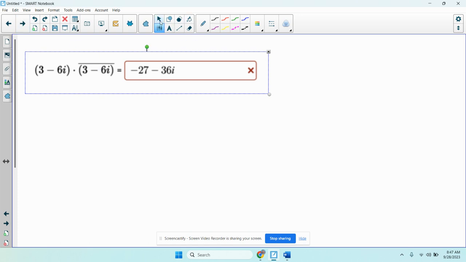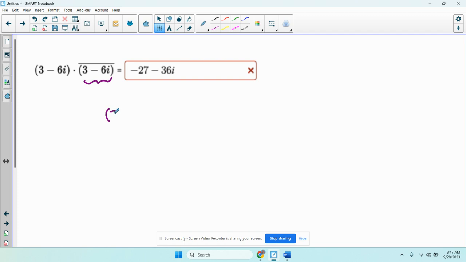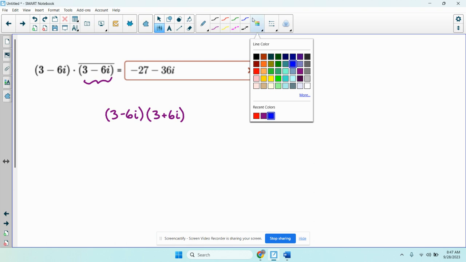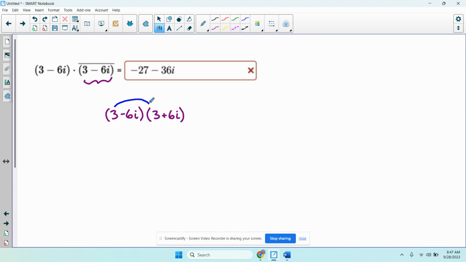Now they want you to multiply. So first thing I'm going to do is write this as its conjugate. So this is going to be quantity 3 minus 6i times the quantity 3 plus 6i. So I'll just FOIL this thing. 3 times 3, I get 9.